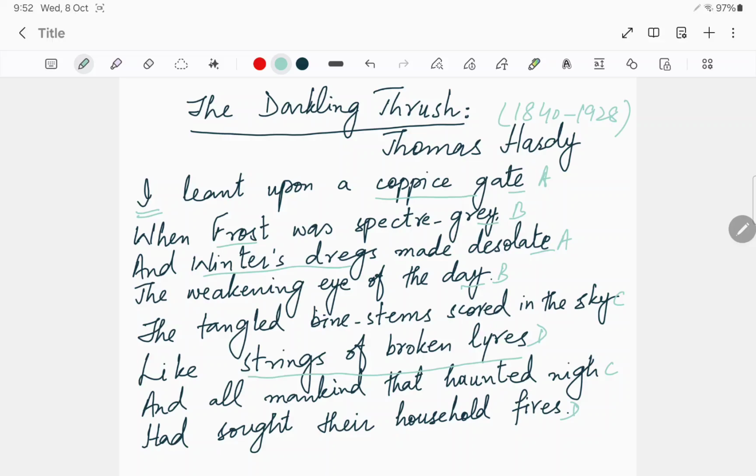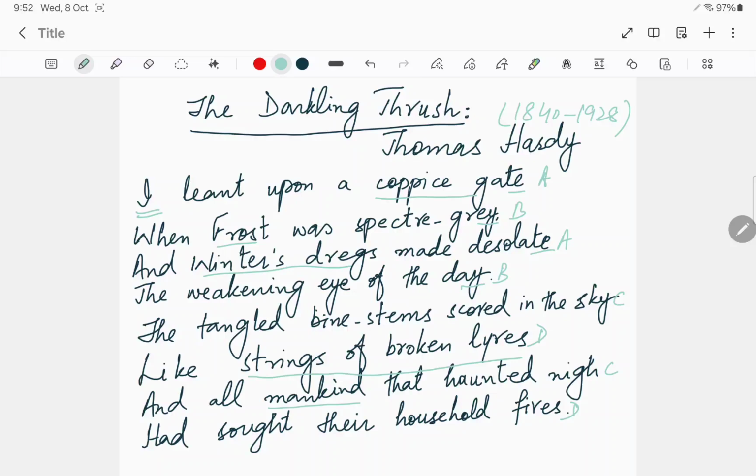And it said all mankind, that means all people, have gone home, to the warmth of their fires. Well, they have almost left the world empty and kind of ghostly.